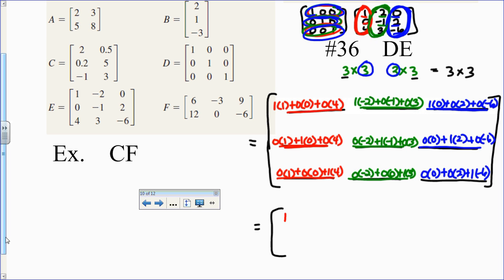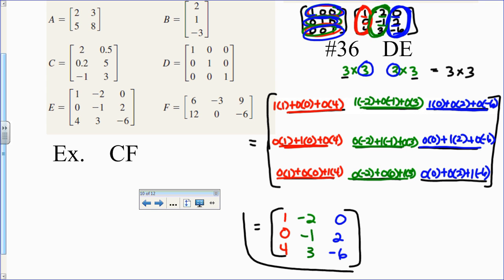Negative 2 plus 0 plus 0 is negative 2. 0 plus 0 plus 0, 0. 0 plus 0 plus 0 is 0. 0 plus negative 1 plus 0 is negative 1. 0 plus 2 plus 0 is 2. 0 plus 0 plus 4 is 4. 0 plus 0 plus 3 is 3. And 0 plus 0 plus negative 6 is negative 6. Okay. So here is my answer.